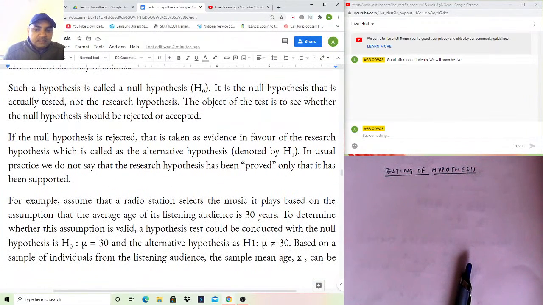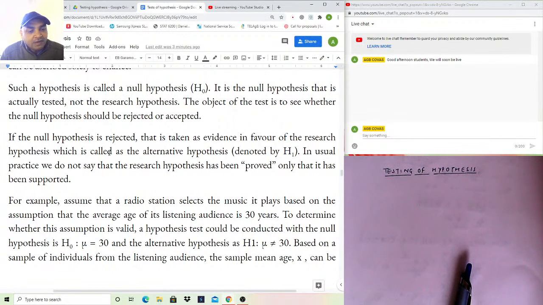If the null hypothesis is rejected, that is taken as evidence in favor of the research hypothesis, because our research hypothesis is nothing but the alternative. In usual practice, we do not say that the research hypothesis has been proved, only that it has been supported, because our null hypothesis either gets rejected or accepted. When it is rejected, our research hypothesis is accepted.